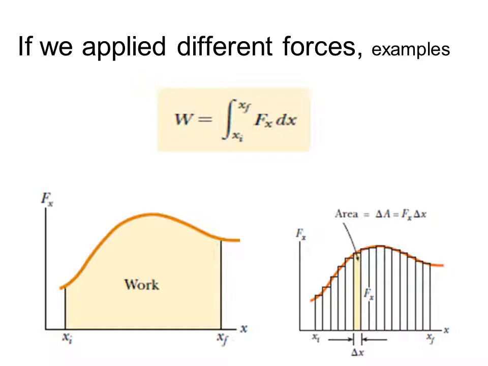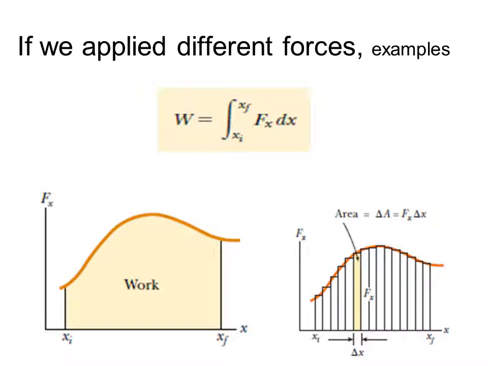If we have applied a different force, for example, not a constant force, here the force is variable. So we can calculate the work by this form. If the particle moves from x initial to x final, we make an area with rectangles of delta A equal f of x multiplied by delta x.